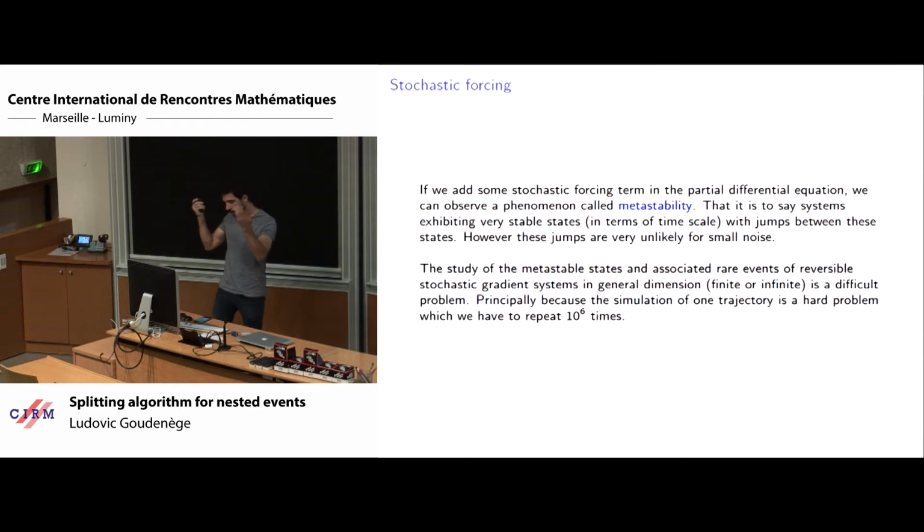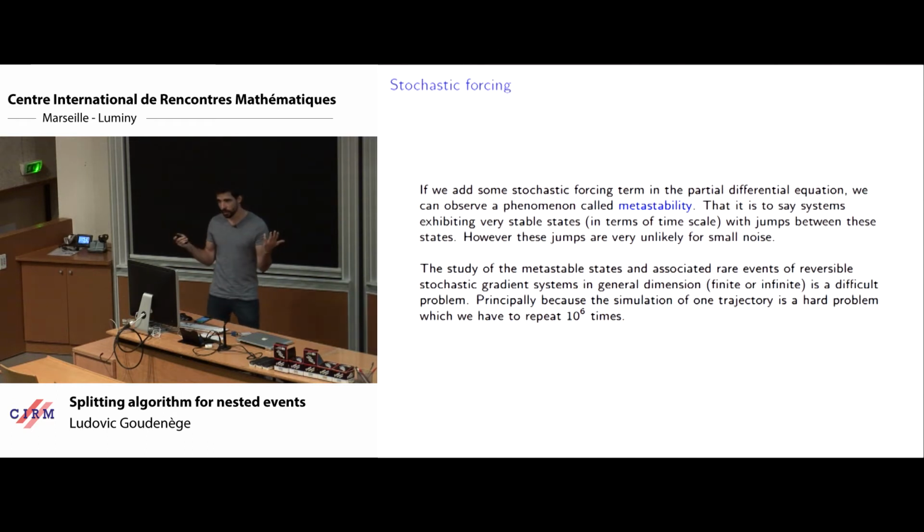You can think about a PDE, so maybe you need 1 second or 1 minute to compute the PDE, and you want to do this 1 million times, okay, to have a statistical description. And of course, in these 1000 simulations, you want to see a very rare event, so maybe only 1 or 2 of these simulations.